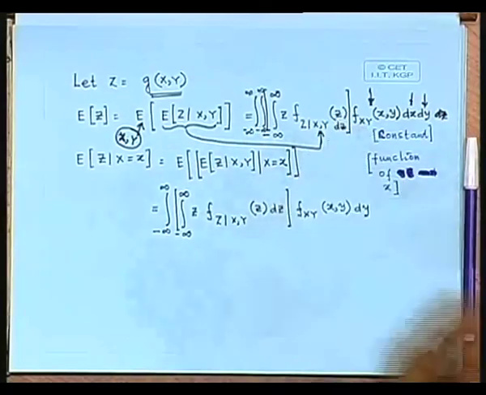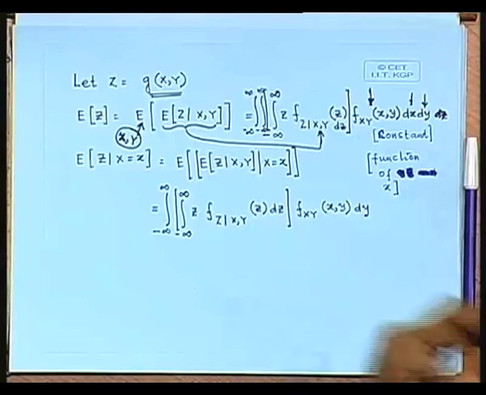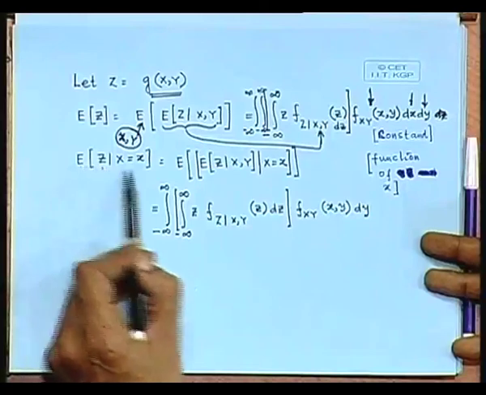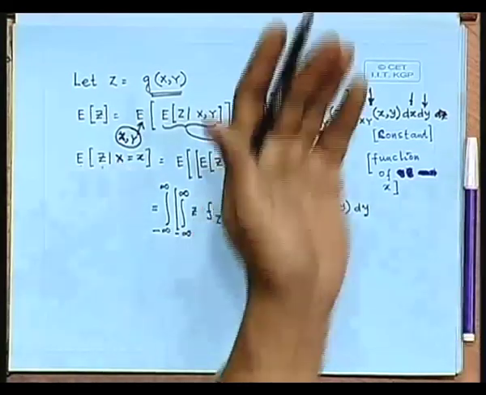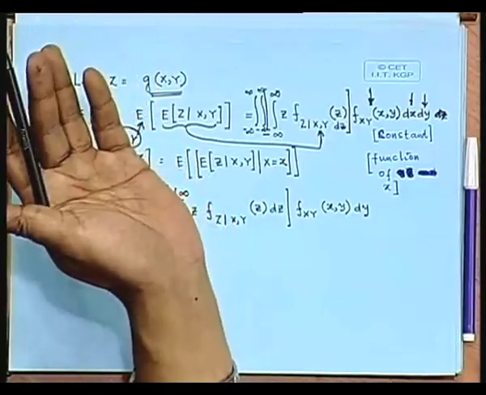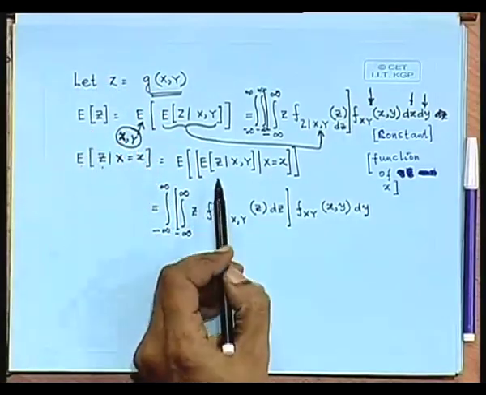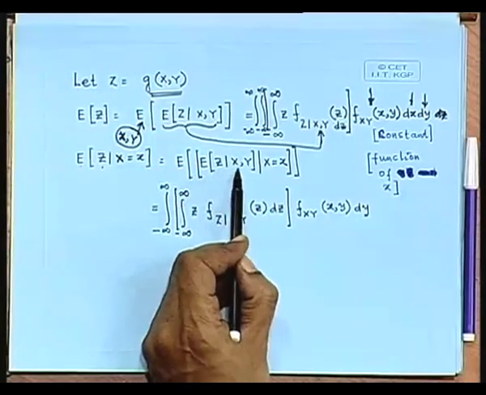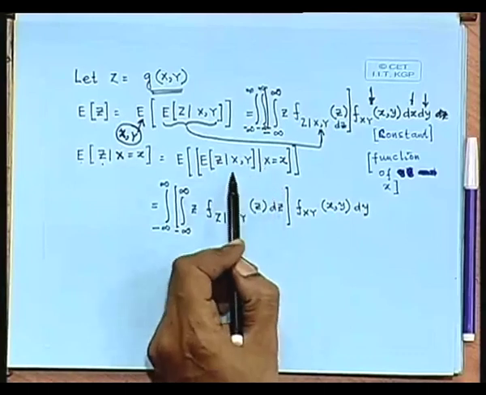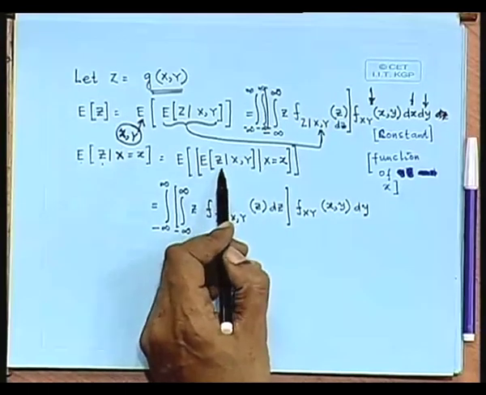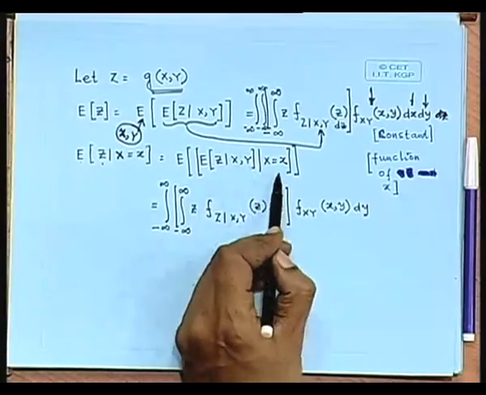So, we can also write it like this. Similarly, I am just showing different forms. It is not always necessary that it has to be conditioned on both x and y; it can be conditioned on one. For example, suppose we have the expectation of z given capital X equal to x, where y is a free variable. Then what do we do? We need the conditional expectation of z over x and y given X equal to x.